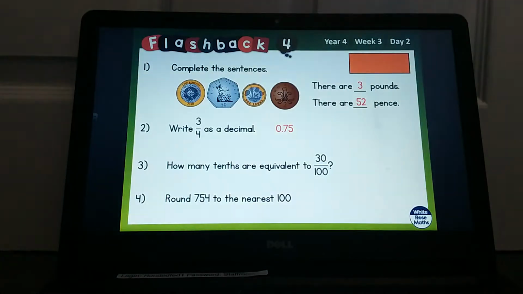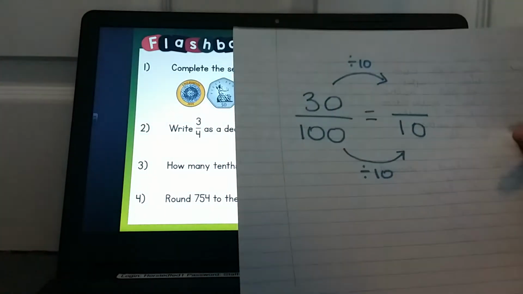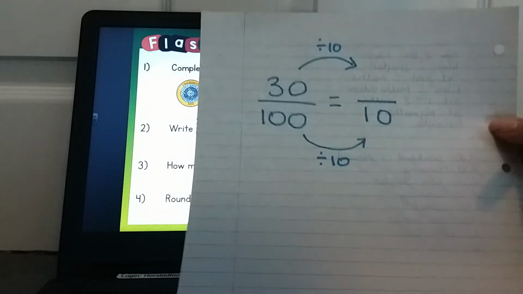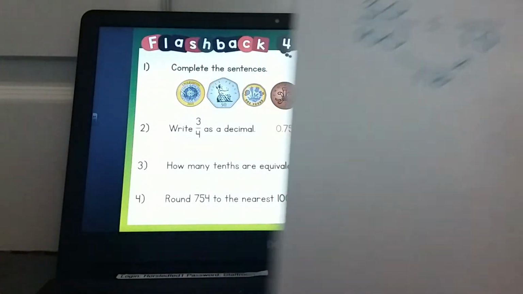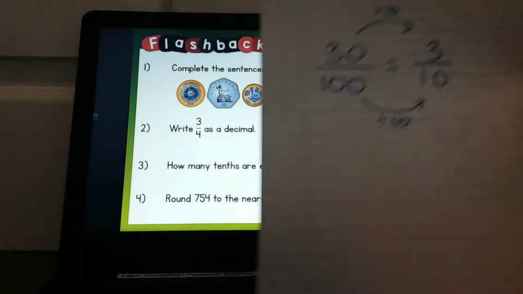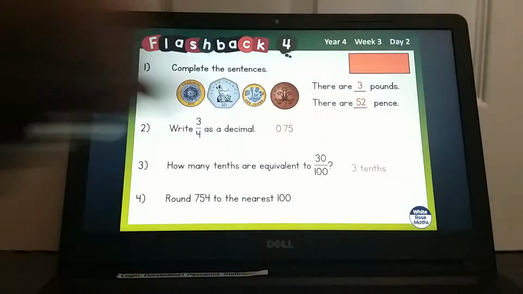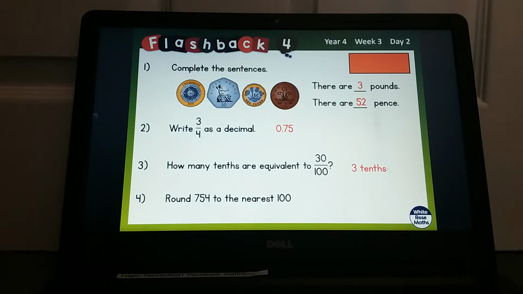Exactly, I will need to divide by 10. So what are we also going to do to the numerator, the top number? Perfect, we would also divide the numerator by 10. 30 divided by 10 would give me exactly 3 tenths. So 30 hundredths is equivalent to 3 tenths.